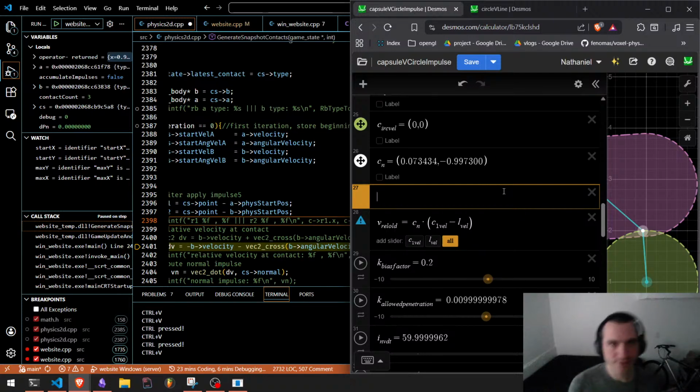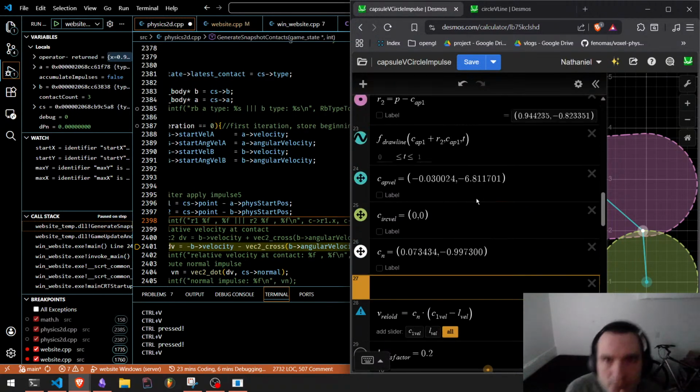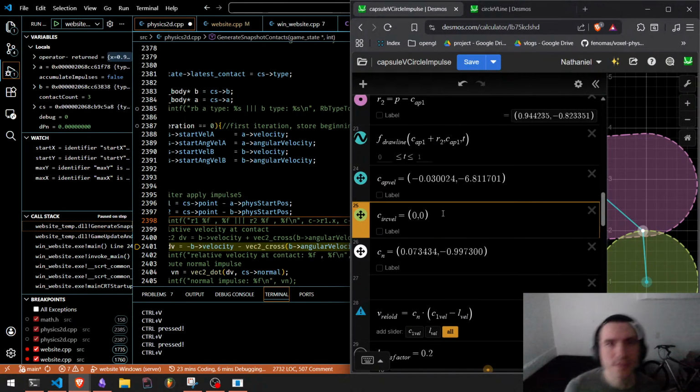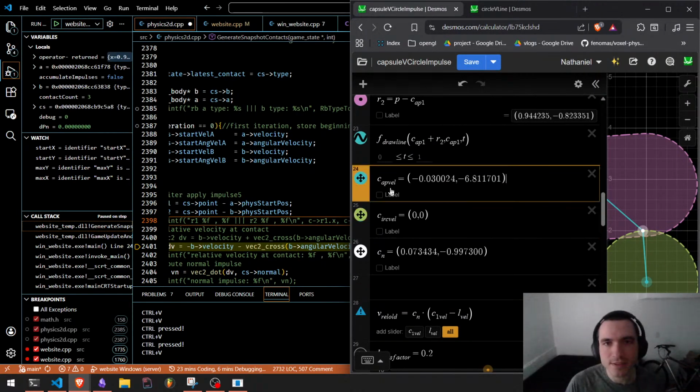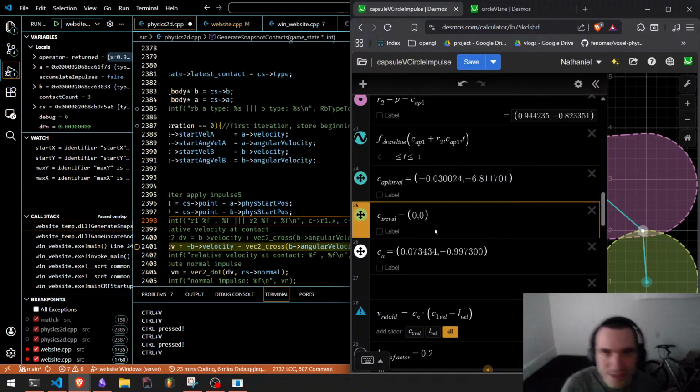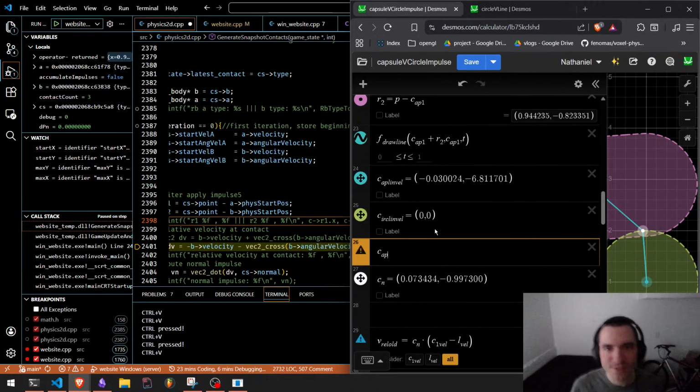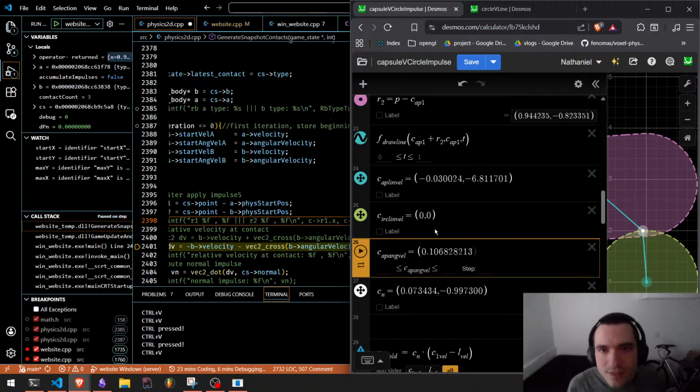So, let's just call these cap lin vel, and circ lin vel for linear, because now we're also going to have angular velocities. Cap ang vel. And that's going to be that value.